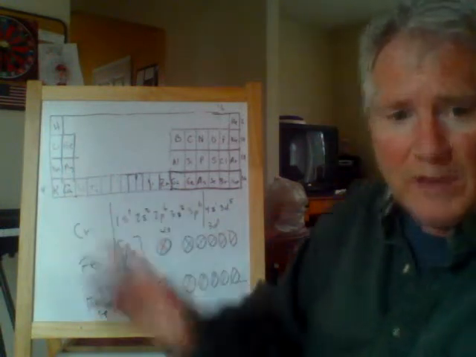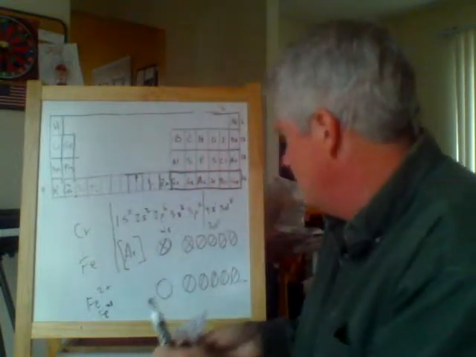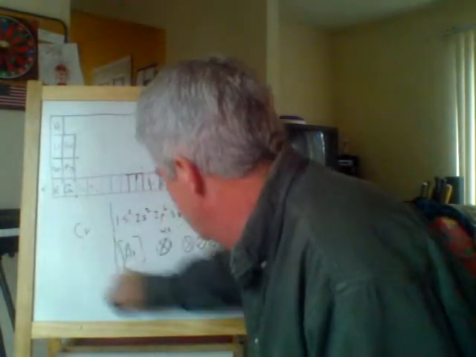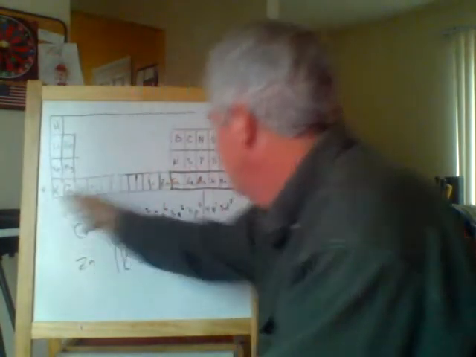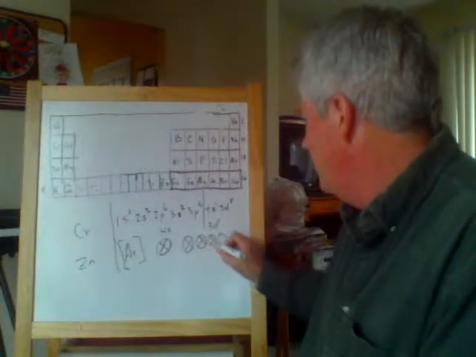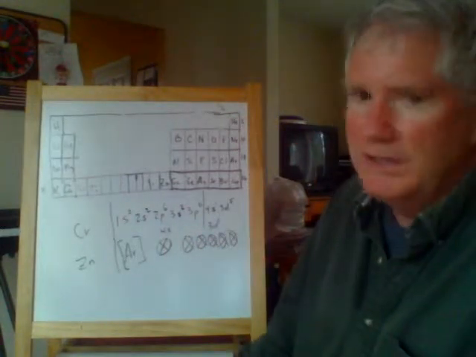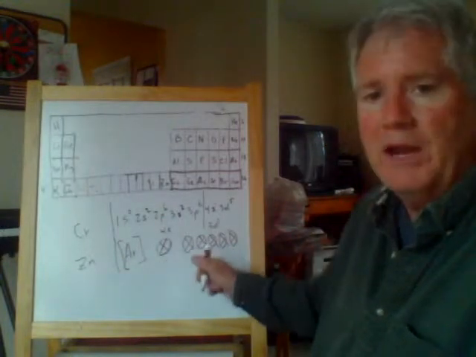The last interesting one I'll cover is zinc. I've got to erase iron for a moment. We'll put in zinc. Again, zinc is way over here, so it's just like argon. 4s is filled, 3d is all filled as well. So zinc metal is definitely not magnetic because all the electrons are paired.